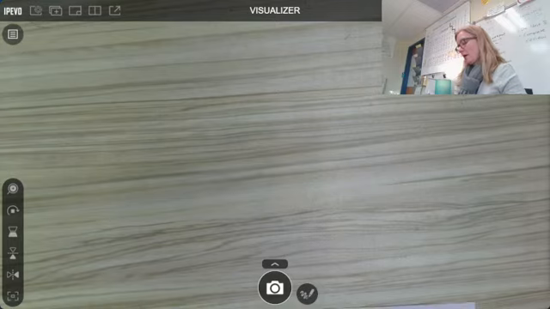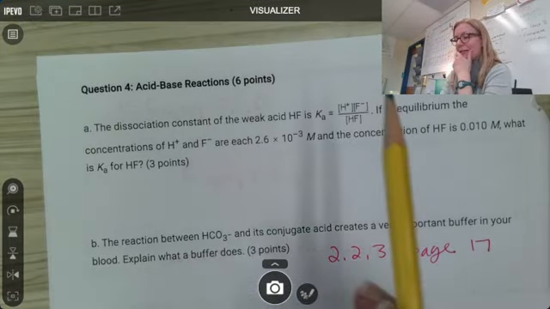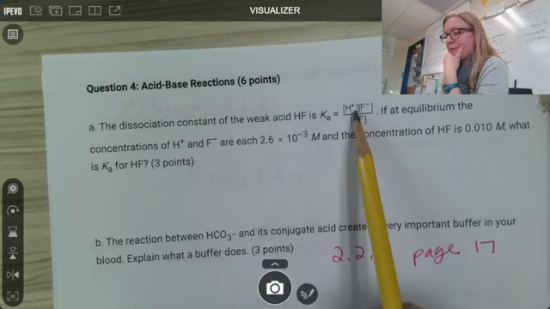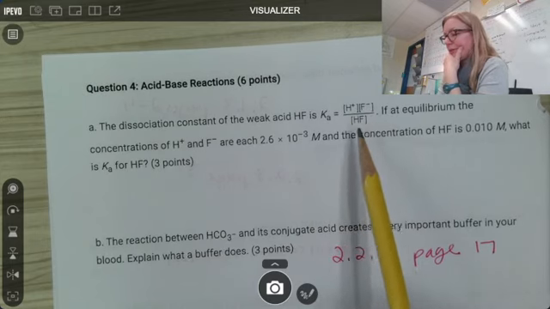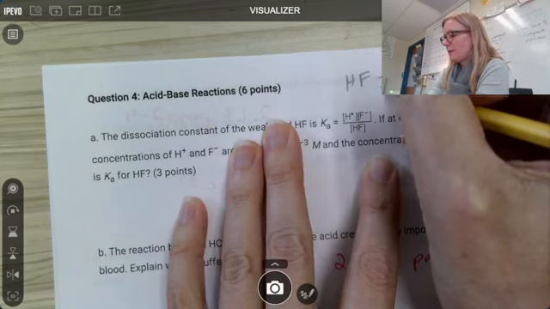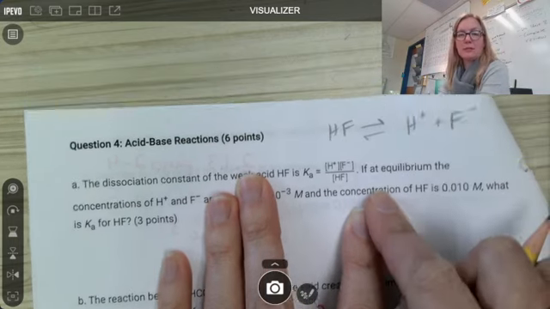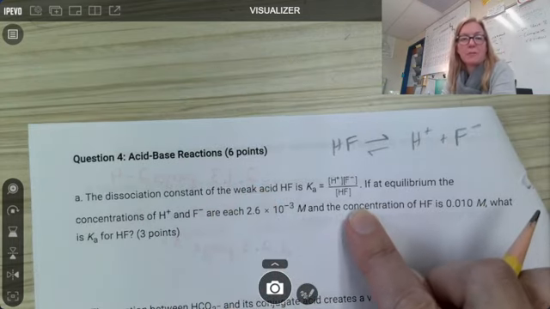And then on this next page, they give you the K for this. Essentially what this is, is HF breaking apart into H plus and F minus. So they turned that into an equilibrium constant expression.